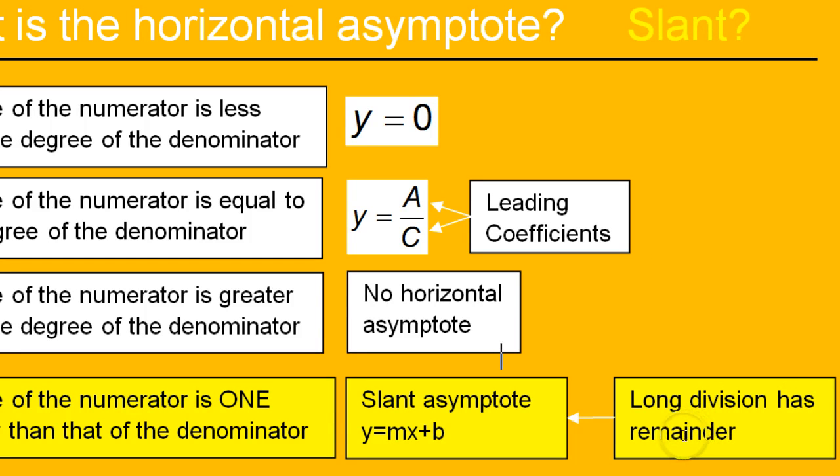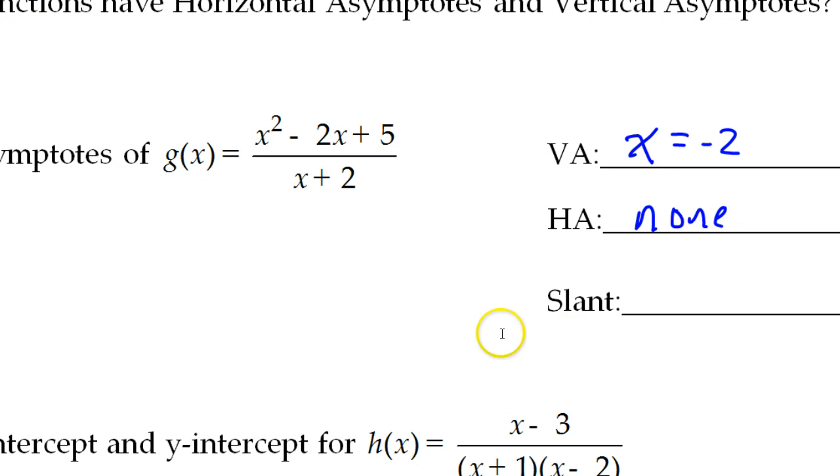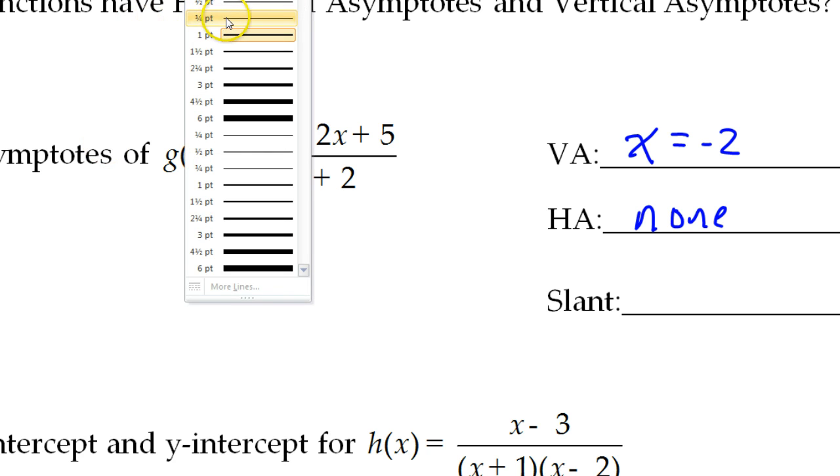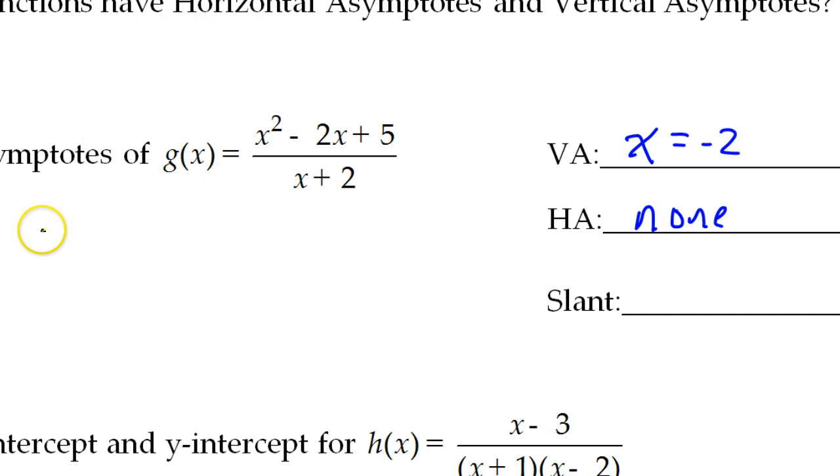Now there's going to be a remainder, there has to be, but we will ignore it. So we will do x plus 2, and we will divide that into x squared minus 2x plus 5.